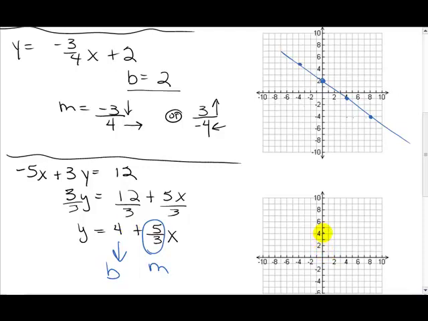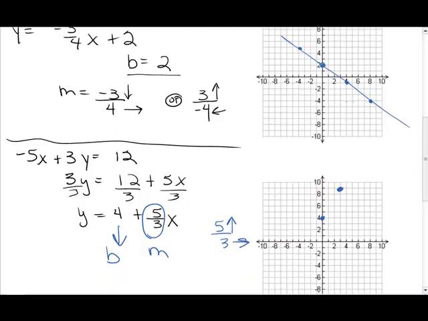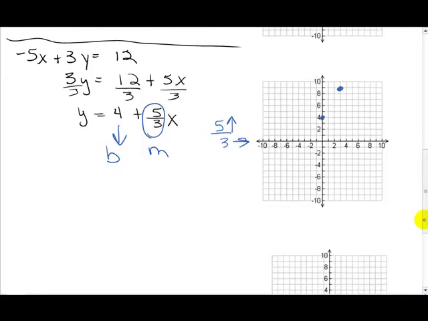1, 2, 3, 4. My slope is 5/3, so that's up and to the right. So 1, 2, 3, 4, 5, 1, 2, 3. And here's an instance where I can't go up any further. So I'm going to take this number, 5/3.